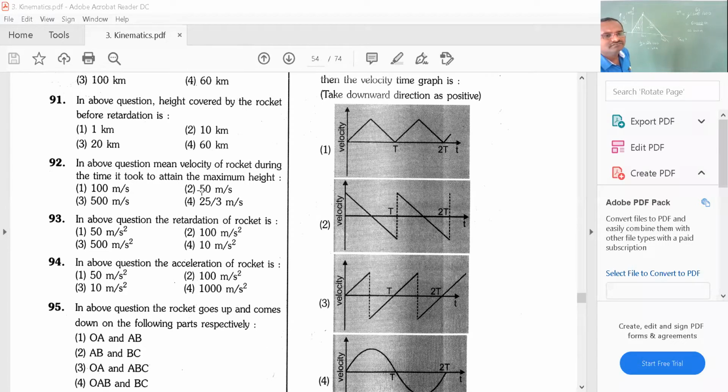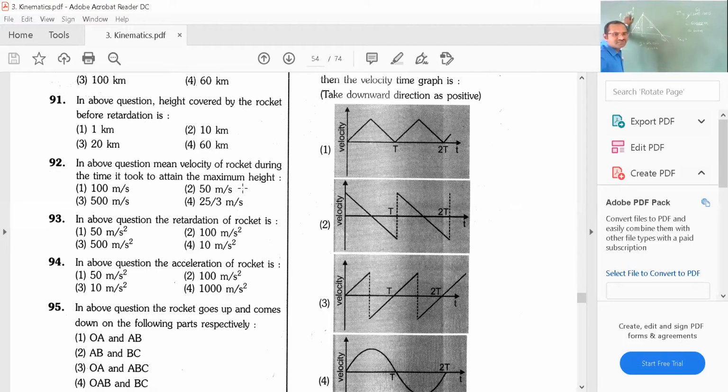Question number 92. In the above question, the mean velocity of a rocket during the time it took to attain the maximum height. This is 1000, no?